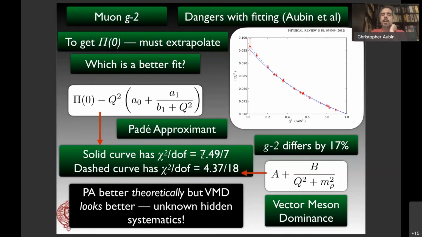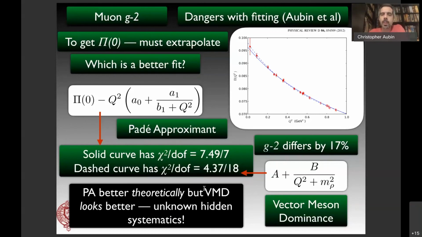Even though it has a larger chi-squared per degree of freedom, it's actually a correlated fit, which makes us trust it a little bit more. It also is not an ad hoc model, which is what this other formula is. They look similar, to be sure, but they're just slightly different.